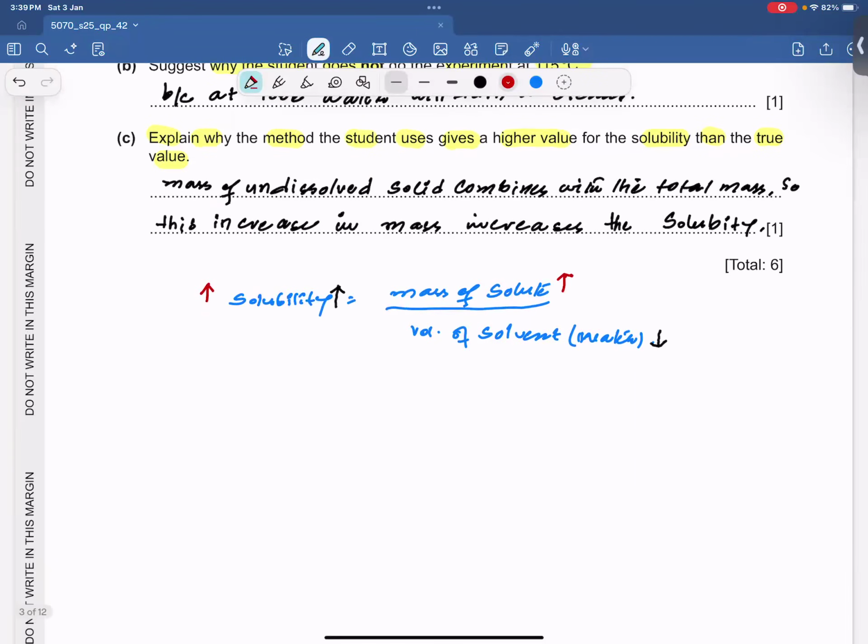Alternate explanation can be written like this: if more volume of water evaporates, then volume of solvent decreases.